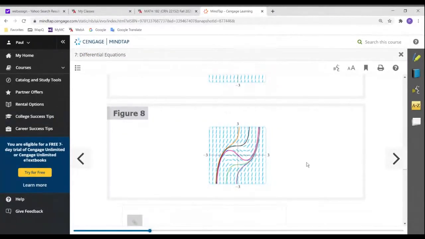If you know the direction field, you can draw multiple solutions on it, and you see in figure 8, all the solutions have to follow the direction field. Sometimes it's called a slope field. Isn't this kind of cool, right?